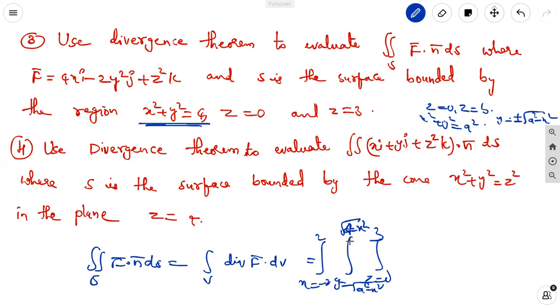Here in the place of a square we can take 4, minus x square minus under root plus 4 minus x square. Here x limits from minus 2 to 2.